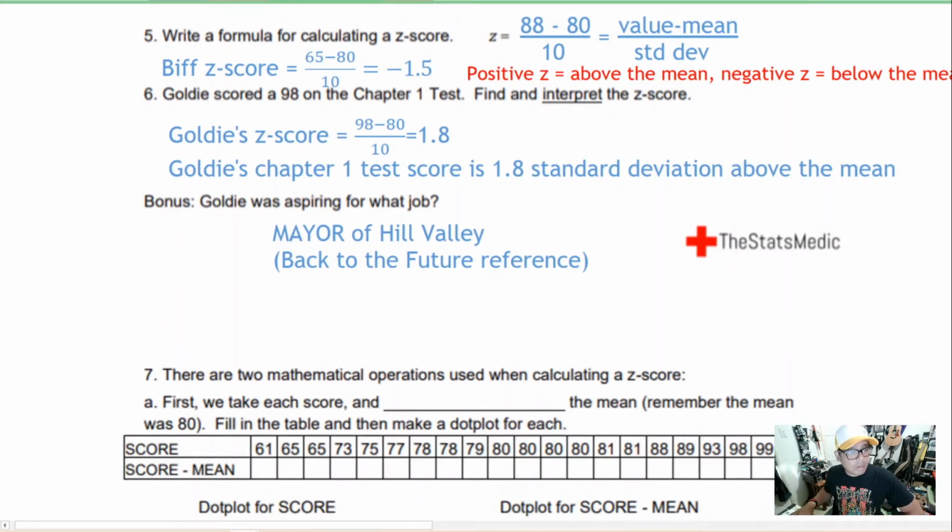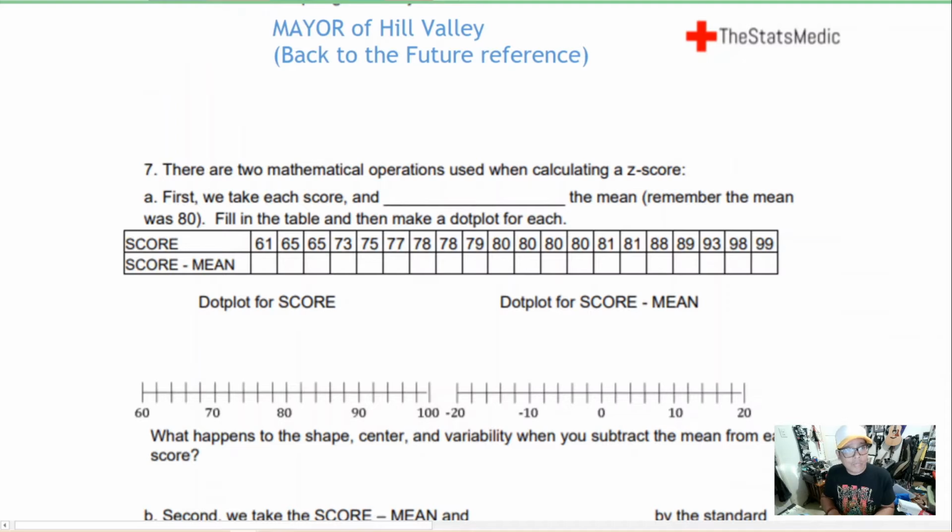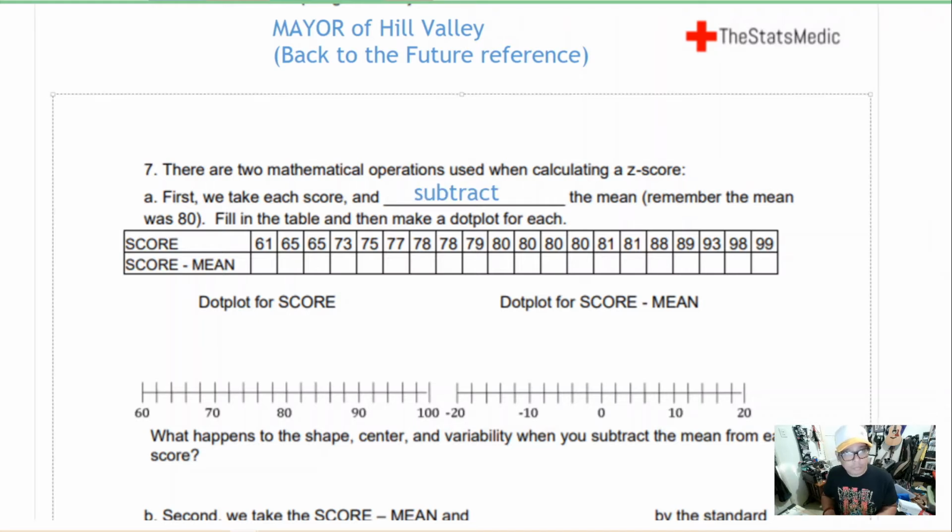Now, there are 2 mathematical operations that are used when calculating the z-score. First, we take each score and we subtract the mean. We'll remember that the mean was 80. So what are we going to do? We're going to take this, and whatever score was 80 is now going to be 0.